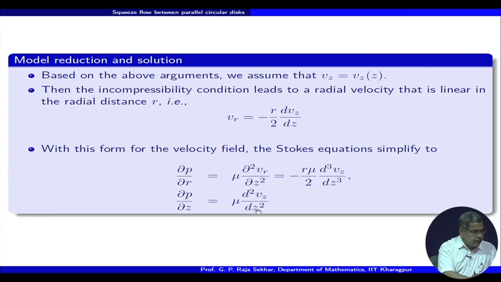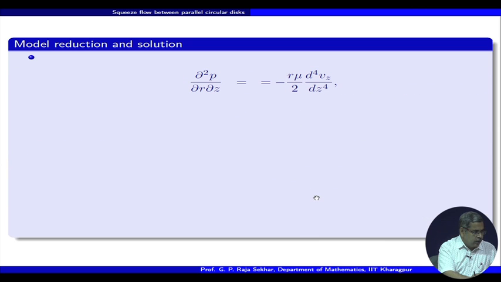Then the right hand side will be 0 because V z is a function of z alone. So we differentiate this with respect to r and this with respect to z and write down here. From the z momentum equation we get this, and from the r momentum equation we get this.